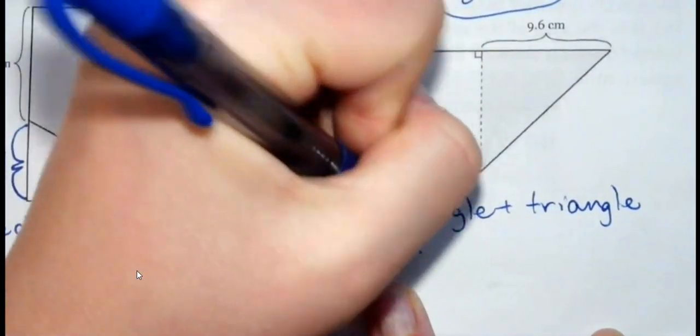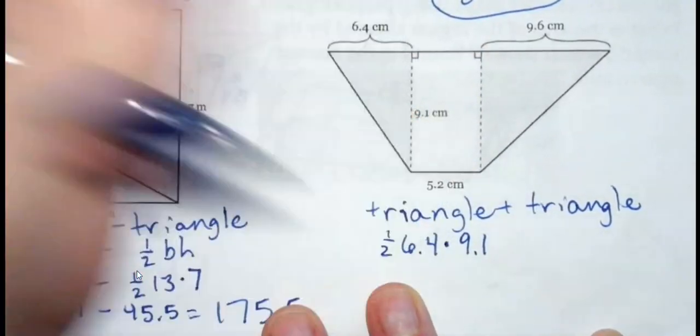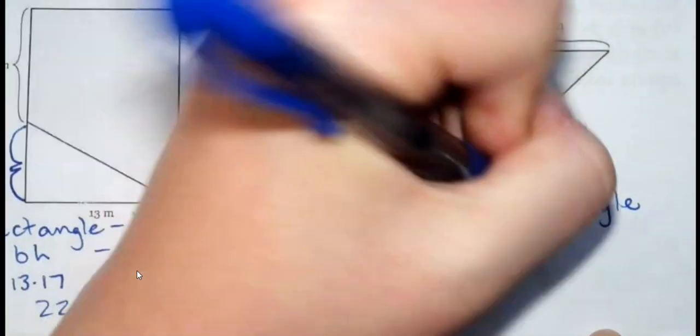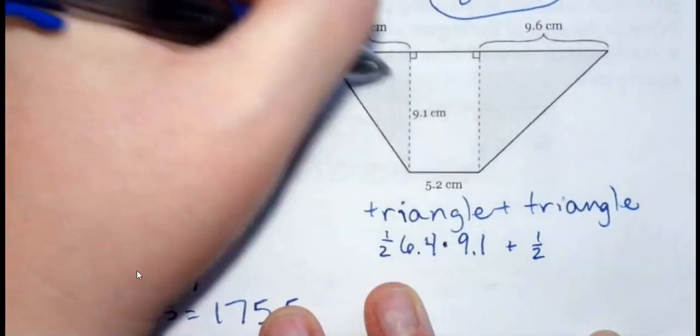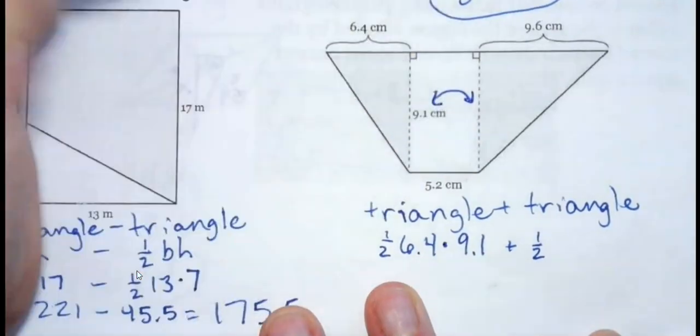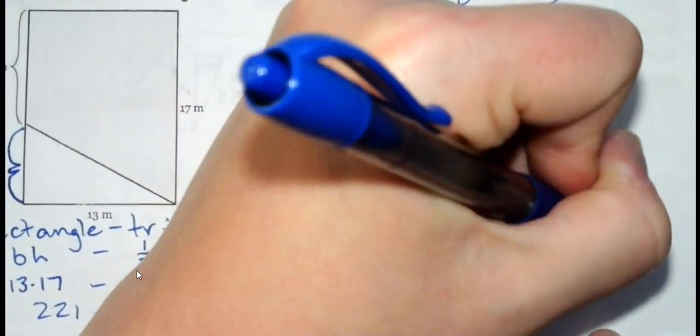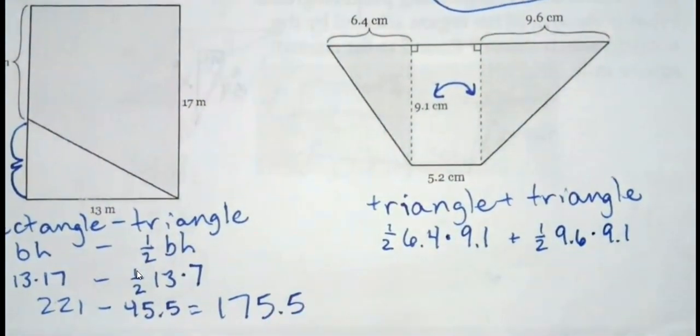I'm going to do triangle plus triangle. So 6.4 times 9.1 times 1/2, because it's a triangle. And then that's the area of this one. These have the same height. So 9.6 for the base, 9.1 for the height.